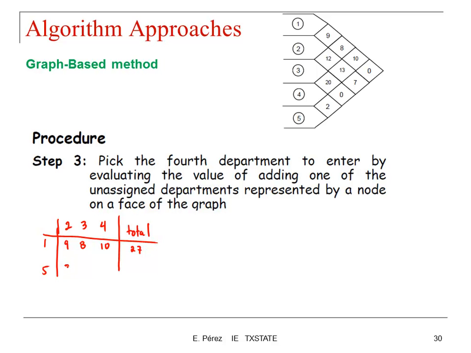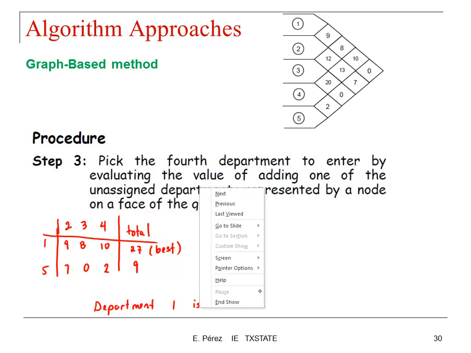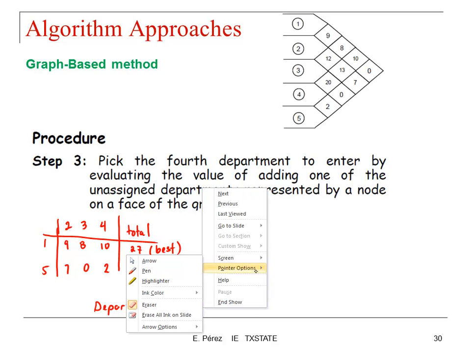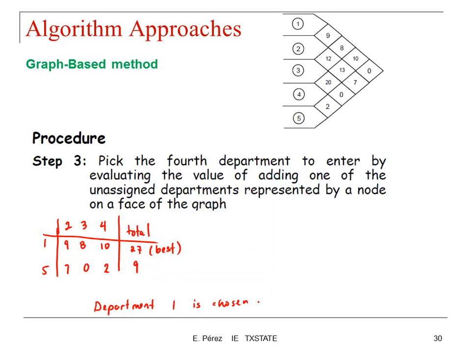From 5 to 2 we have 7. 5 to 3 we have 0. And from 5 to 4 we have 2. Giving us a total of 9. So this one is the best. So department 1 is chosen with a value of 27.